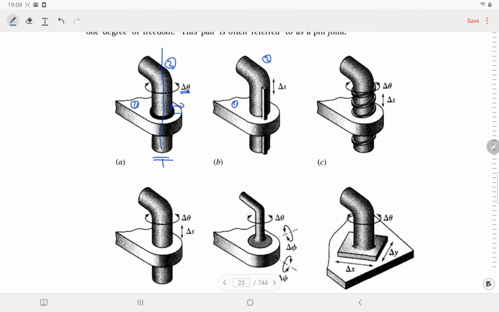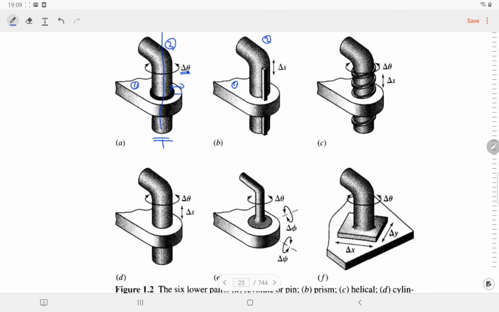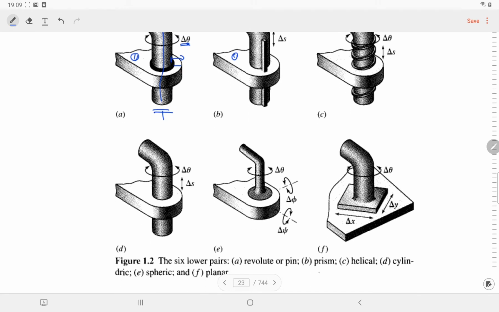It will not be able to rotate like in this case. This pair is known as prismatic pair, which is given here, and this one is the revolute pair.